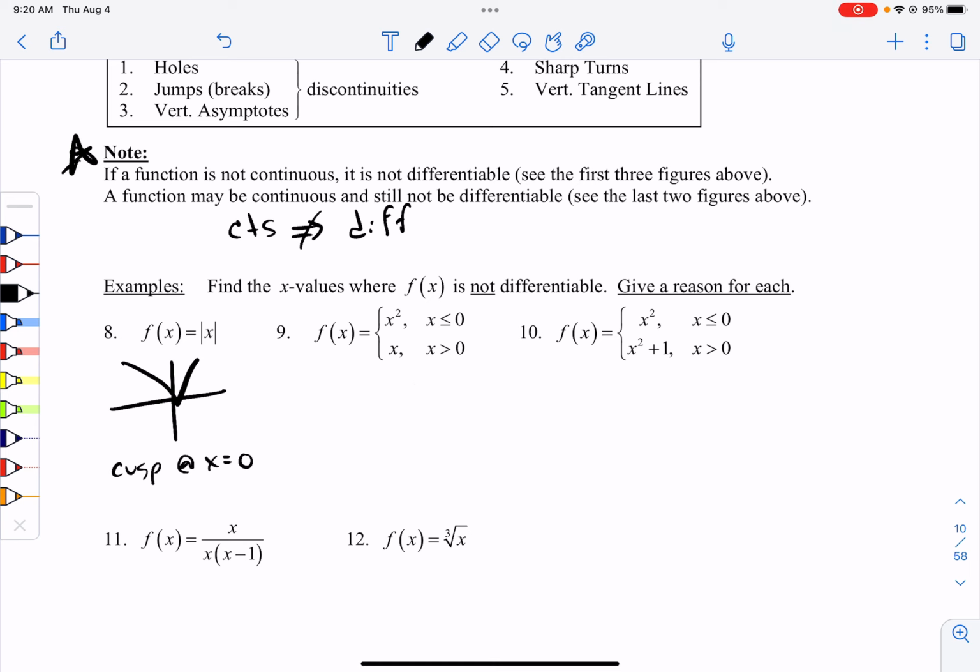So what I'm going to do first, I'm going to plug 0 into both of these. 0 squared equals 0. 0 equals 0. Okay, good. So they meet at the same point. So that means that there's not a jump discontinuity. But remember the sharp point, remember this cusp?